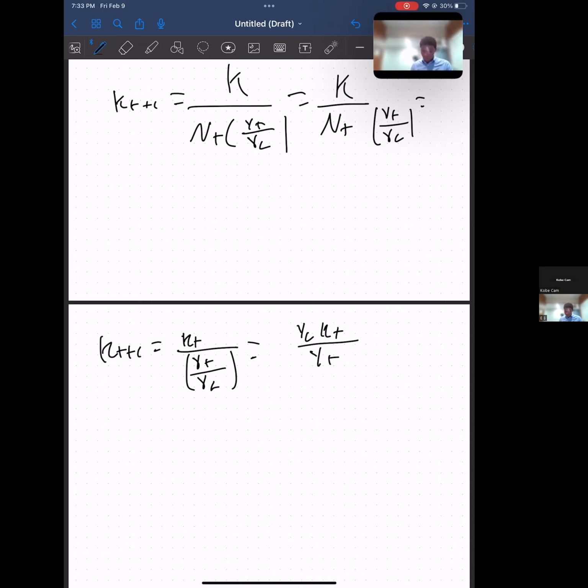Well, this is output per capita. Let's see if we can manipulate that. Output per capita is the same thing as output divided by n_t. This is just A K, which is in our case a constant, L_t^{1-a}.